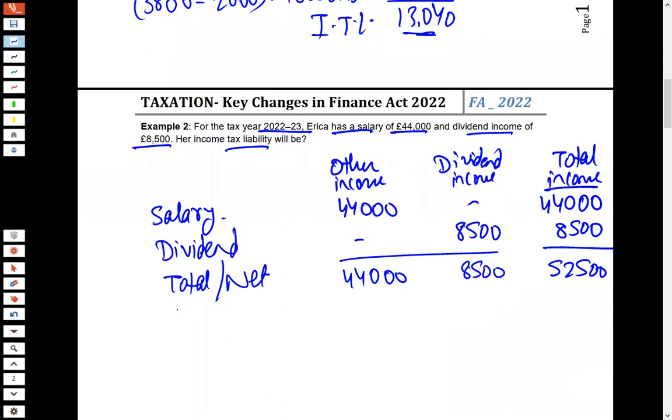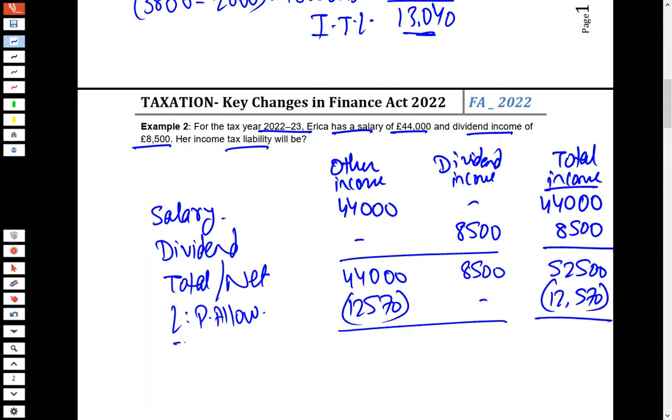Then from the total net income, I deduct the personal allowance, which is 12,570. Nothing is to be deducted from here. Taxable income amount.